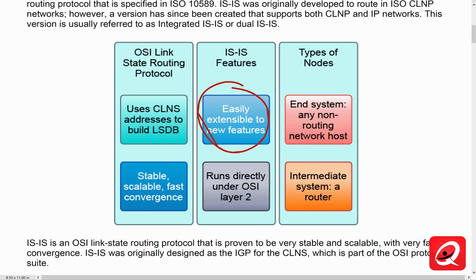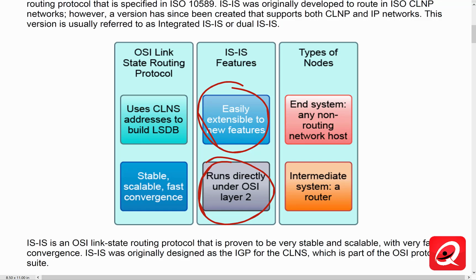It runs directly on OSI layer 2, which is the data link layer, which is an interesting concept because we're actually trying to do routing with it, right? And routing is something that we've always kind of considered to be a layer 3 concept, obviously, but actually OSPF and EIGRP are the only two routing protocols out of the 5 major routing protocols that we typically talk about that operate at layer 3.